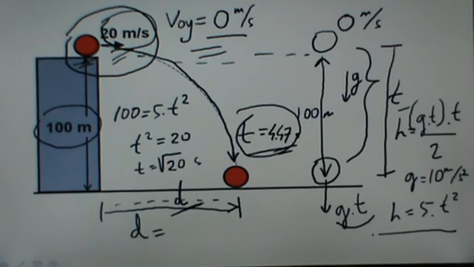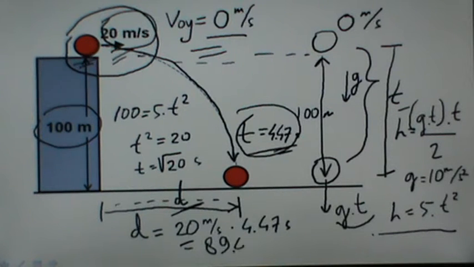Therefore the horizontal distance traveled by this ball will be the horizontal speed, 20 meters per second, times the time to hit the ground, 4.47 seconds, or here we have 89.4 meters.